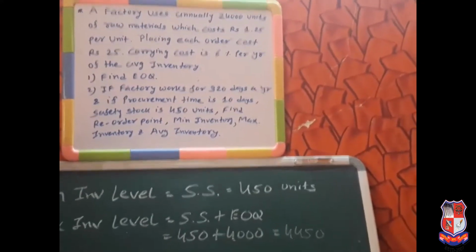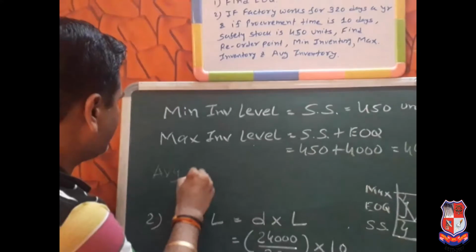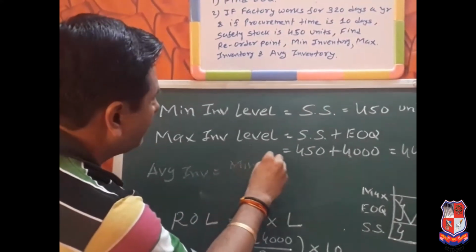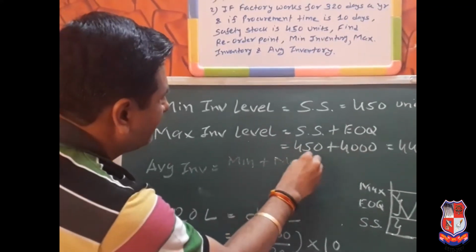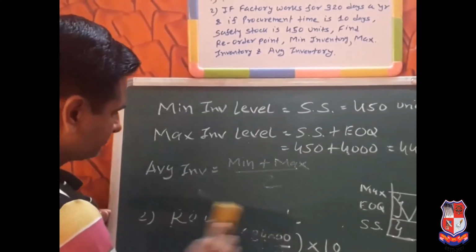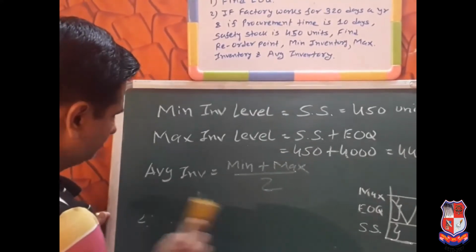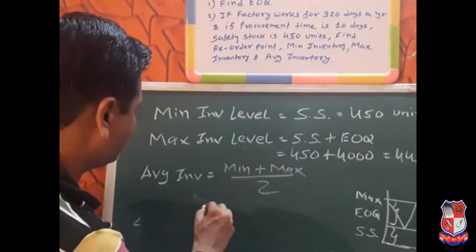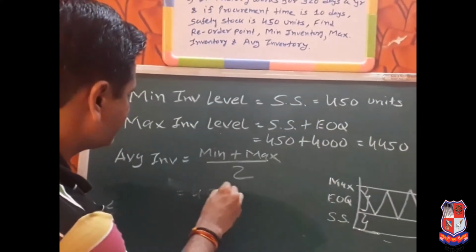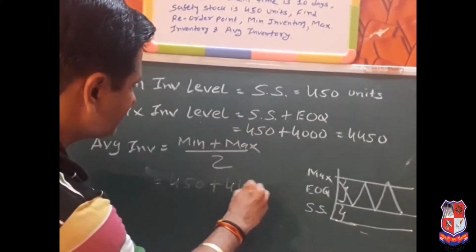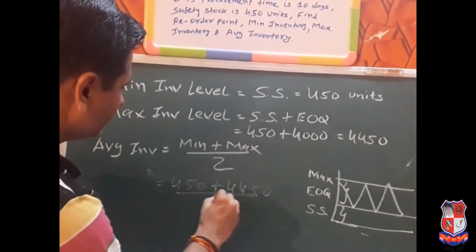And the last one, you need to find out the average inventory. Average inventory is nothing but the minimum inventory plus maximum inventory divided by 2. We have calculated the minimum inventory as 450 units, plus the maximum inventory 4450, divided by 2.